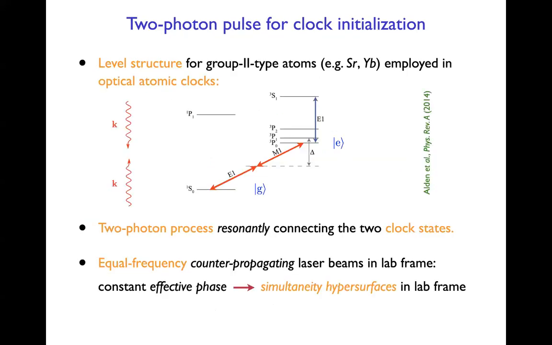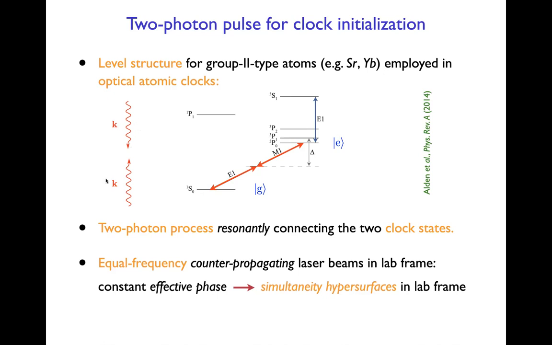The other is that instead of initializing the clock before you begin the interferometry sequence, we will actually use these two-photon pulses for clock initialization. Here is this diagram for the internal states, but the crucial thing is that you have these two clock states, and these pulses are based on the following: you use two counter-propagating photons in the lab frame that have exactly the same frequency.